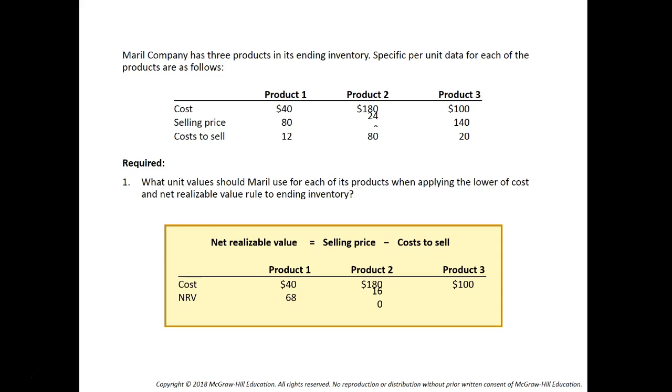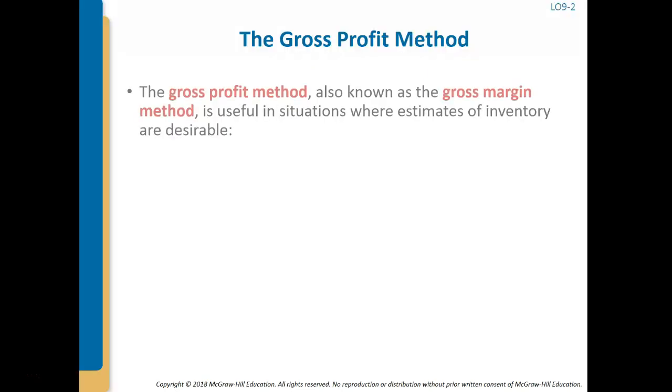In product 2, I'm sorry the screen is so goofy, it's going to be 160, the selling price minus the cost to sell. And then in product 3, 120. Then the inventory value for product 1 is 40, product 2 is 160, and product 3 is 100.